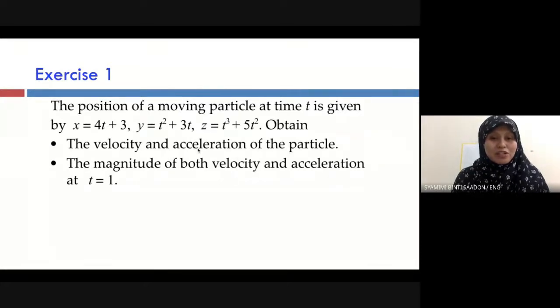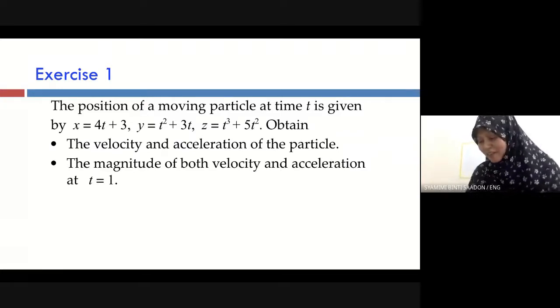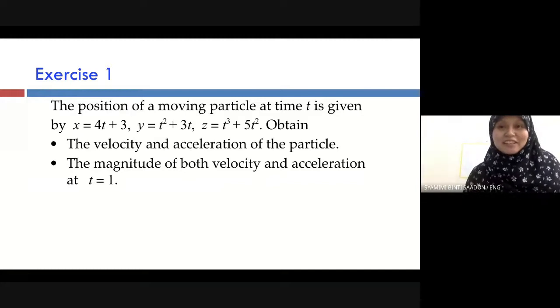We know the position, so how to get the velocity? We have to differentiate, right? The velocity is the derivative of the distance. Try to do that. It is just a very simple example to refresh your knowledge about derivatives of vectors.